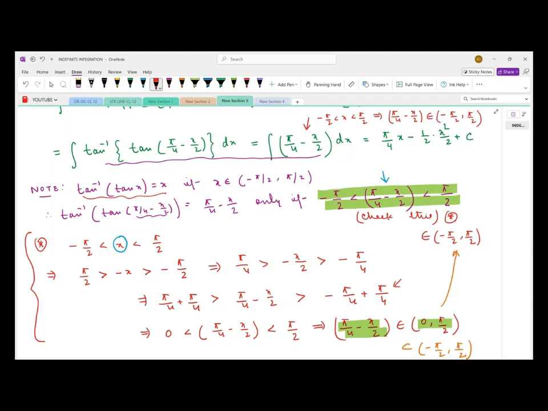So you don't have to show the derivation, just mention that you have taken care of the fact that we are dealing with the principal branch only while using this property. That's all.